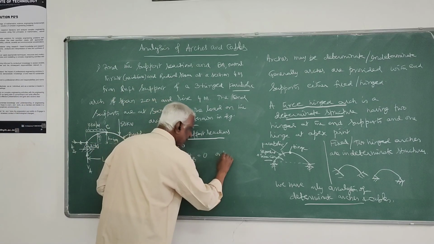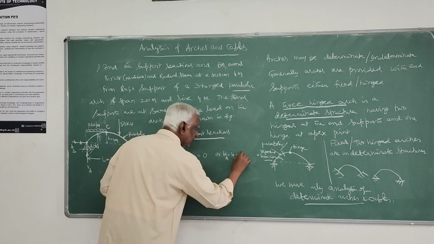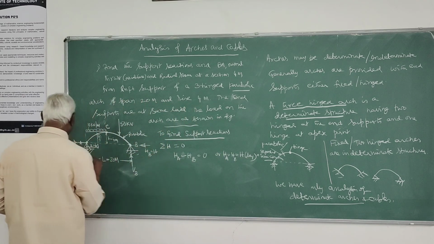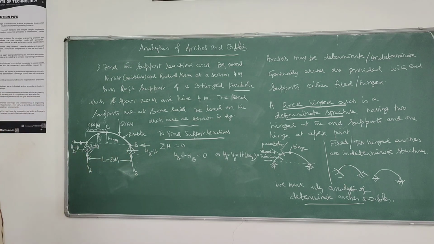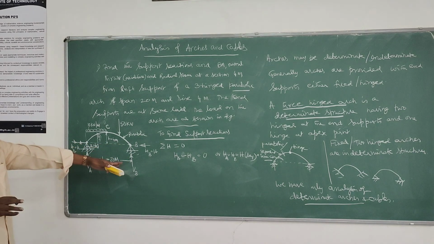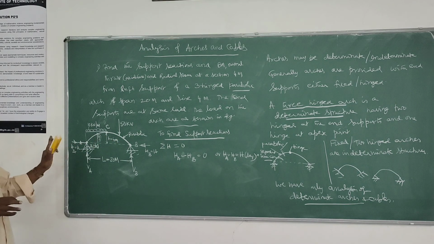Or HA equals HB, each is equal to H. That means whenever the arch is subjected to only vertical loads, always the two end horizontal reactions are equal, from this condition that you are observing, right?